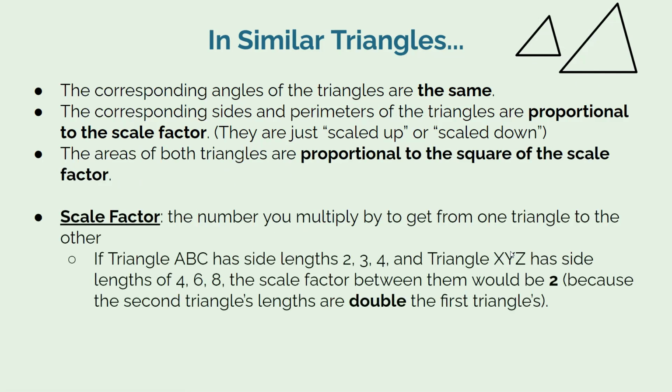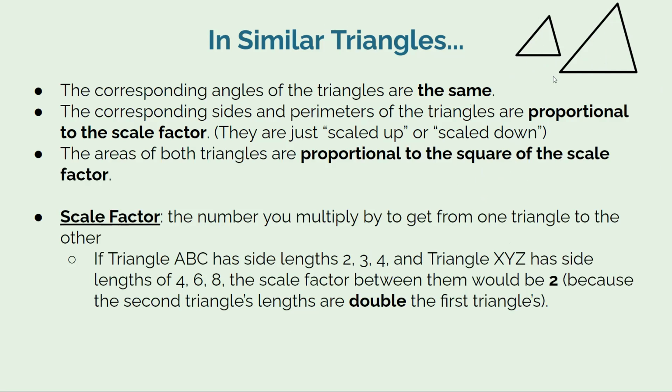So, for example, if this triangle here has side lengths of 2, 3, and 4, and this triangle here has side lengths of 4, 6, and 8, you can notice that the side lengths of the bigger triangle are twice the side lengths of the first triangle. They're doubled.